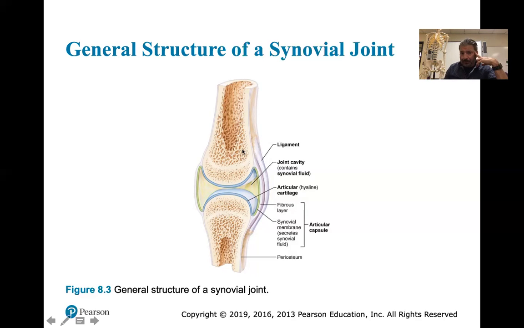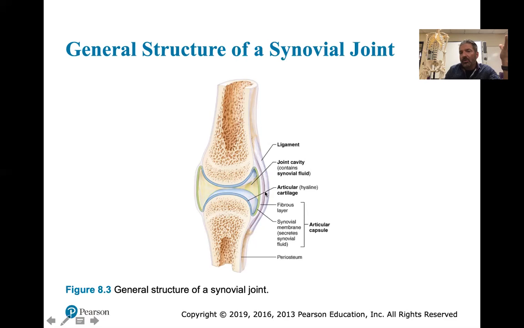It literally goes over the front, and there's a patella in here too. I guess maybe we used to call it the kneecap. It's in there, but just realize here is that cartilage, and I always said it's blue. There's your cartilage. There's always going to be fluid in there, and then you're going to have ligaments here for support.